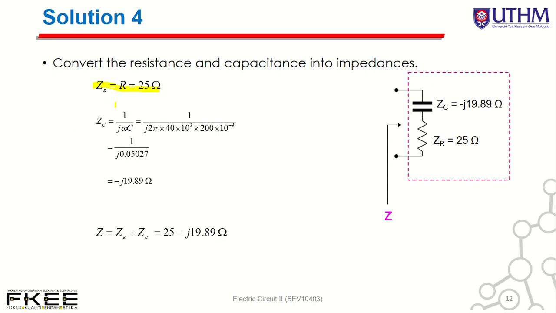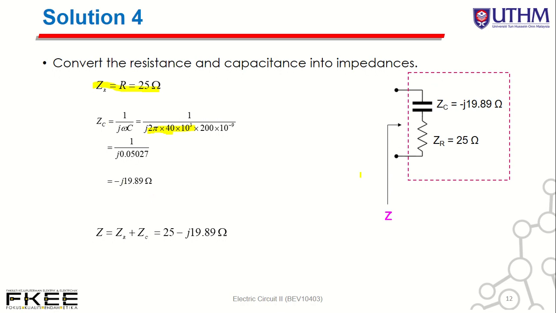ZC equals 1 over j omega C, or minus jXC, where omega equals 2 pi F, so this is 2 pi F times C. Then you will get this one.